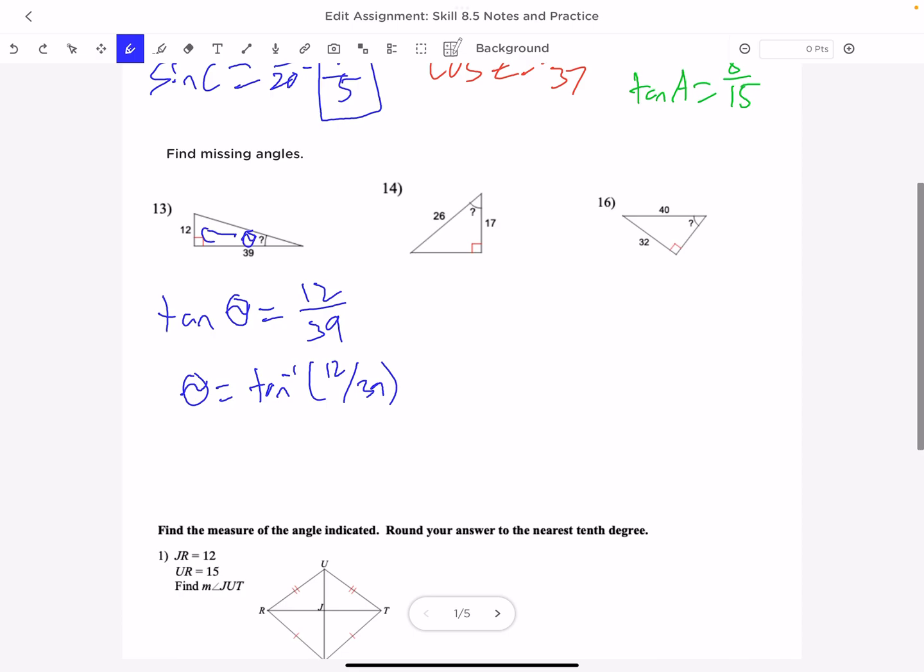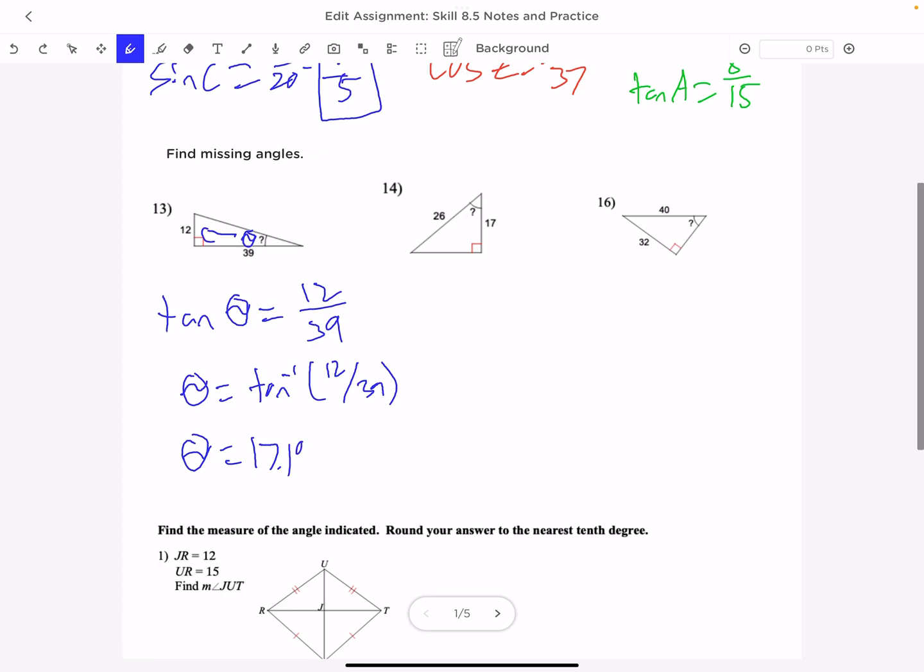I'm turning on the calculator right now. In the calculator, I would type in 12 divided by 39 equals, and then second tangent, and I get 17.1. So my theta is 17.1 degrees.